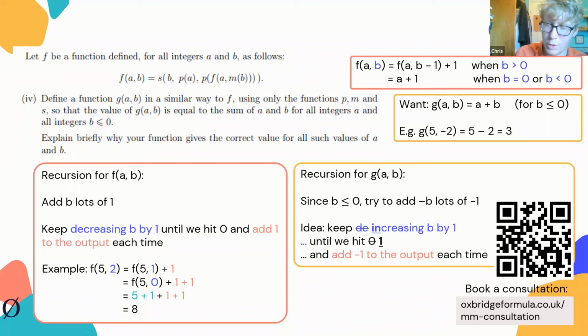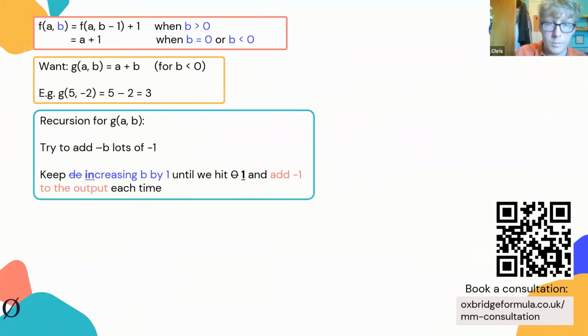Here we're saying we want a bunch of minus 1s. So we're just subtracting 1 from the output each time. That especially makes sense because the more negative b is, the smaller we want our answer to be, because it's meant to be like a plus b.